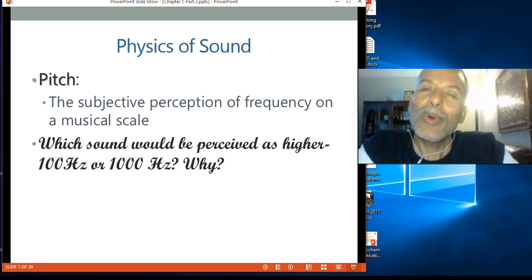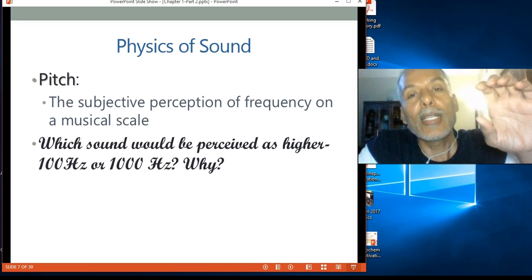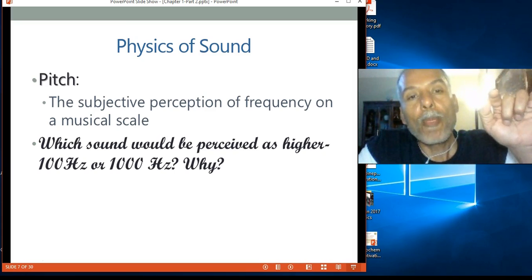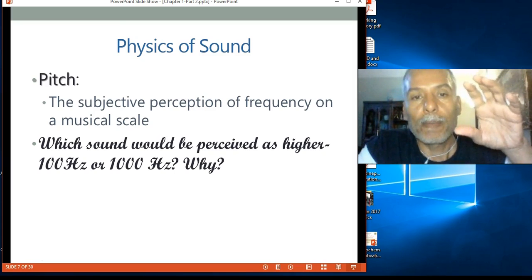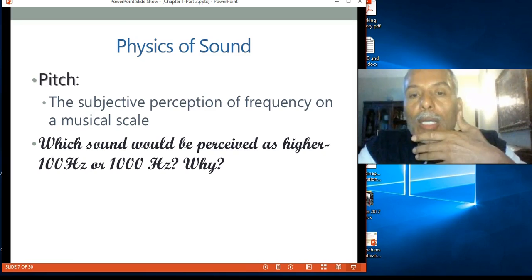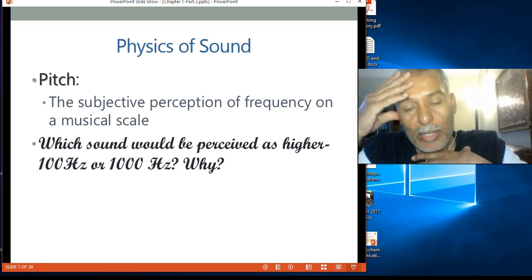Someone's going to say, well, I think this is a low frequency sound. Someone says, oh, it's a mid-range. Someone says, this is a high frequency. The idea is pitch is our guesstimate of frequency based on our own ears, based on our own brains.